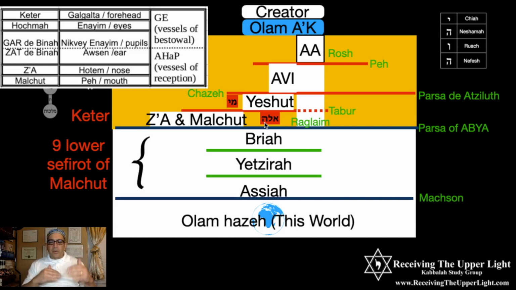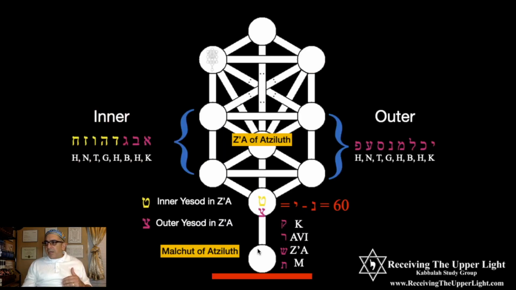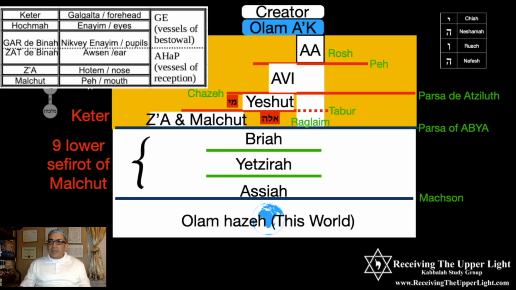And I don't know if you remember, we were studying the letters, and there's an area in which the Creator created a restriction in which it stops. The light cannot go lower than that, because the forces of Tumah that are down here can take hold of it and then corrupt the whole system, right?